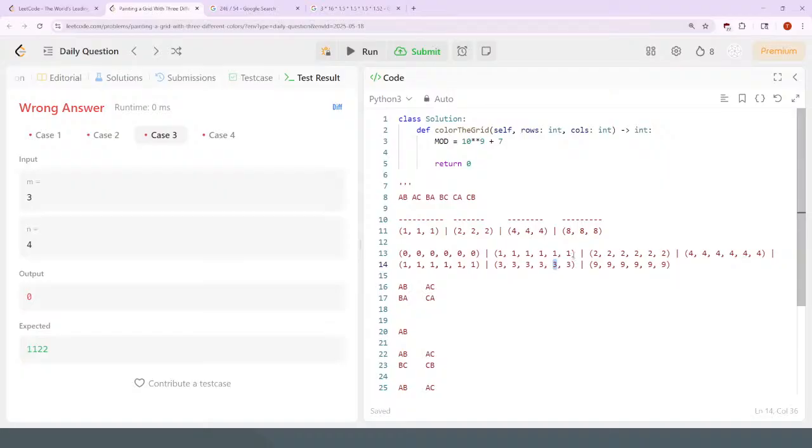And then of those 6 ways, so if there's only 6, then how can this possibly go up to 9?